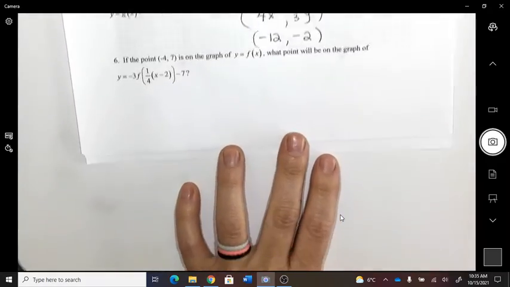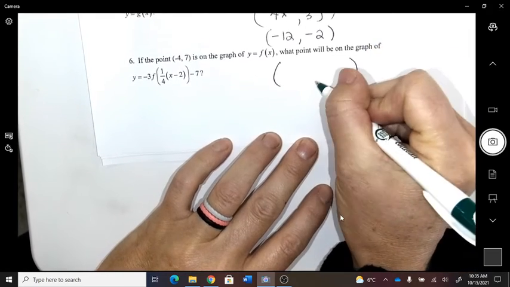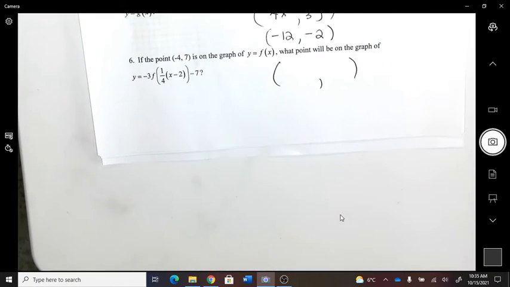Okay, number 6 is also a point. A point is getting changed. Okay, can you write me the math coordinate on all the A, B, C, D stuff there?